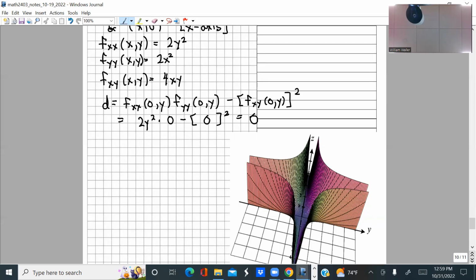So that means from the test you don't know. But then by our arithmetic logic, we figure out what it actually is: an absolute minimum all the way along the y-axis and also along the x-axis.